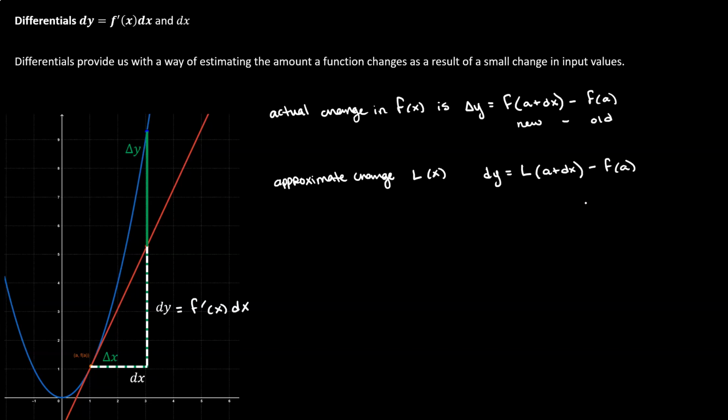And if we say that dx is very small, so notice that if dx is very small, the red and the blue points are close together, our delta y is approximately equal to this dy differential.